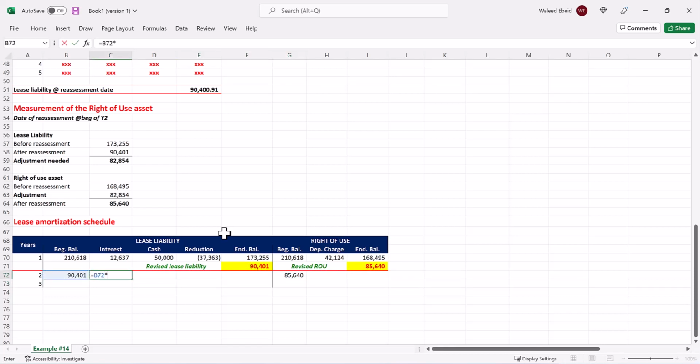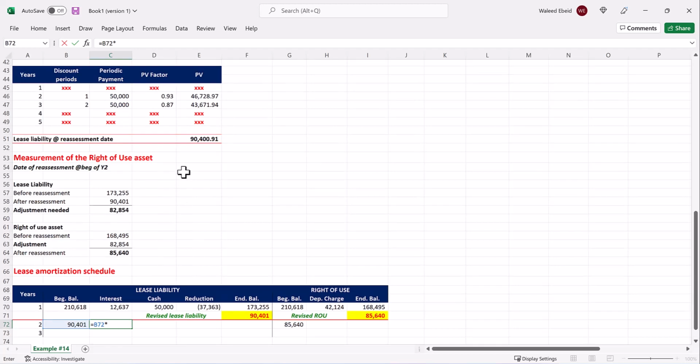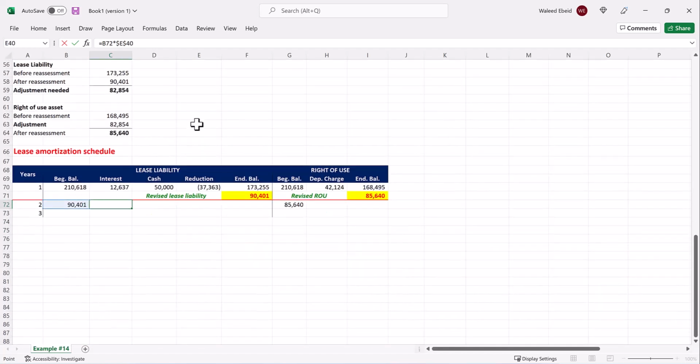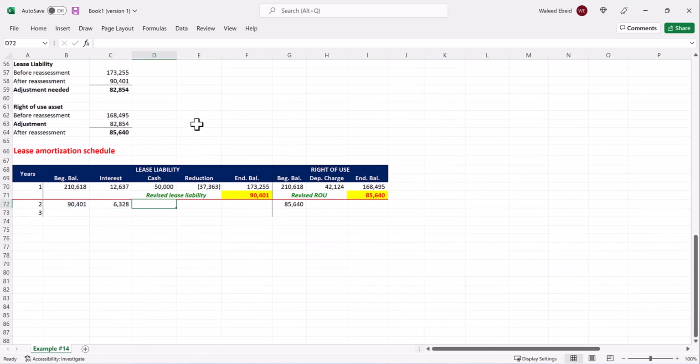The interest charge starting from year 2 is calculated using the revised rate of 7%. Here is the lease payment of $50,000 for the remaining years. Complete the calculations, and we are done with the lease liability.